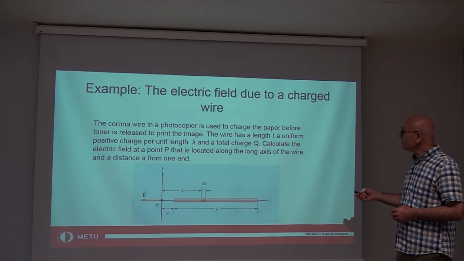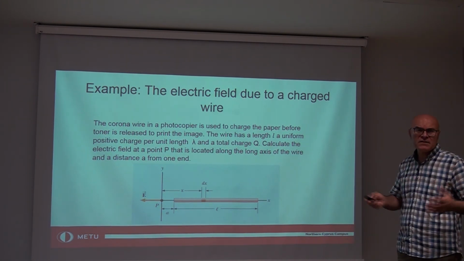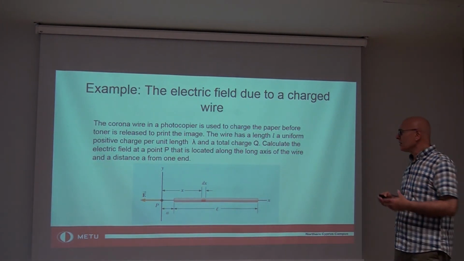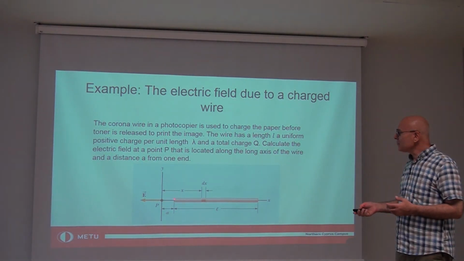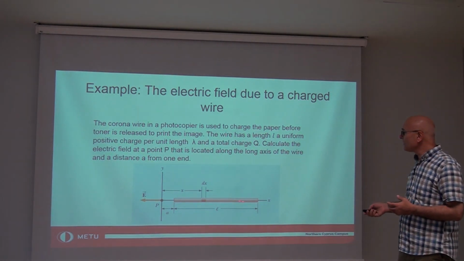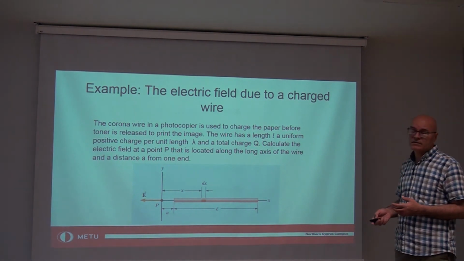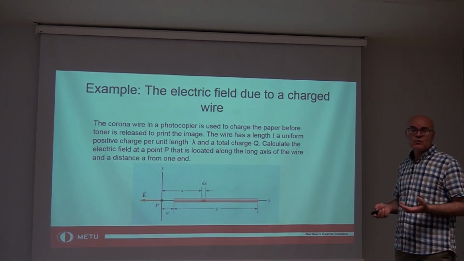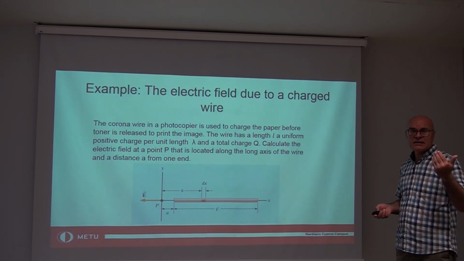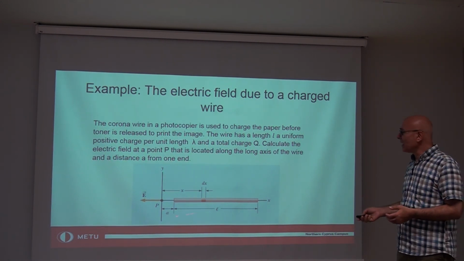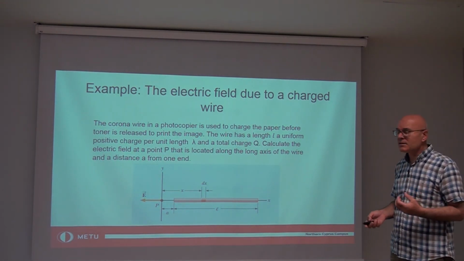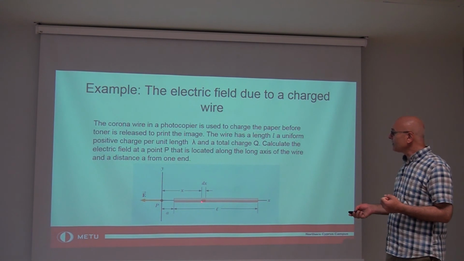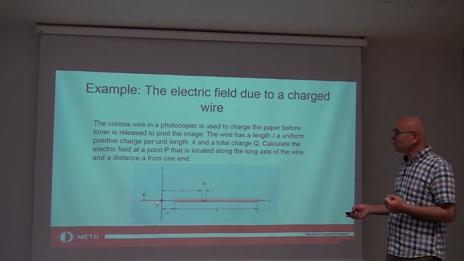Now, there is a total charge Q. We will be doing this in general for any charge, which we call the charge Q in this case, and this is uniformly or evenly distributed over the length of this line, and so it will have a linear charge density lambda, which is just this Q divided by L. Now our task is to find the electric field due to this line of charge at the point P at the origin.